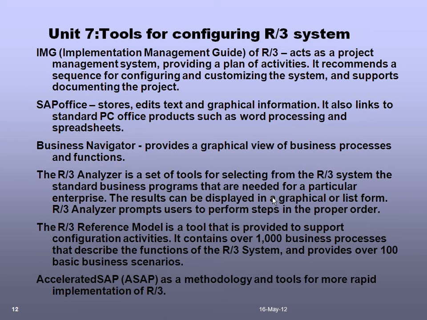Then there is Business Navigator, which provides graphical views of the various business processes, like process flow diagrams. Then there is R/3 Analyzer, a tool which developers use to see which standard program has which features, where to tweak, and where the enhancement spot is to modify certain things in the coding.